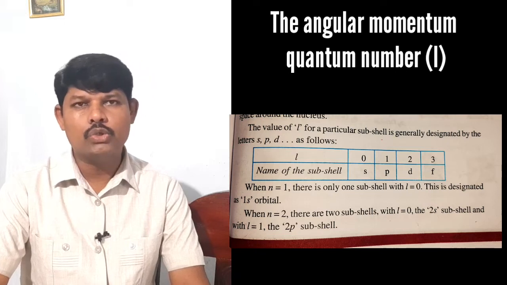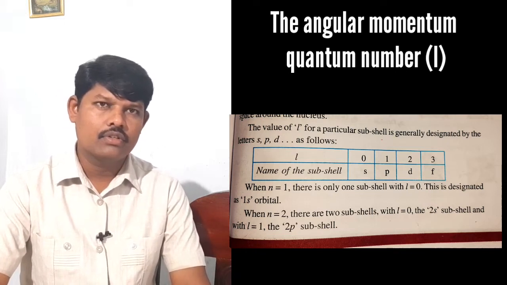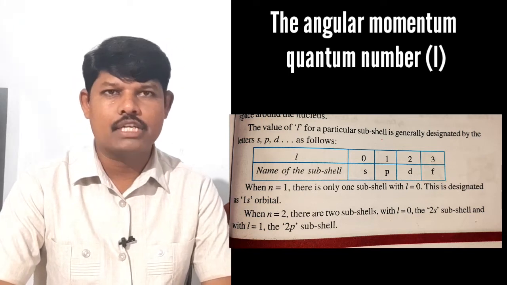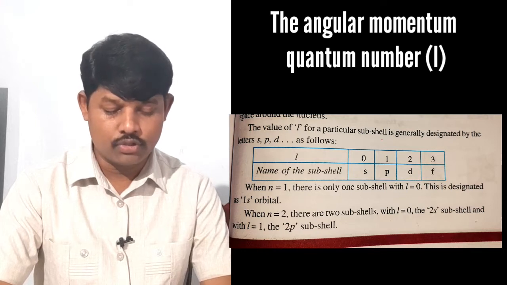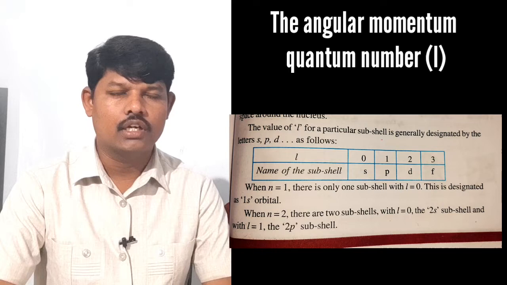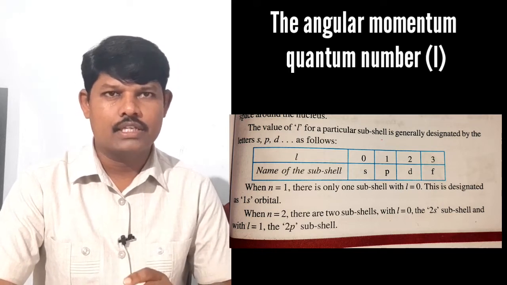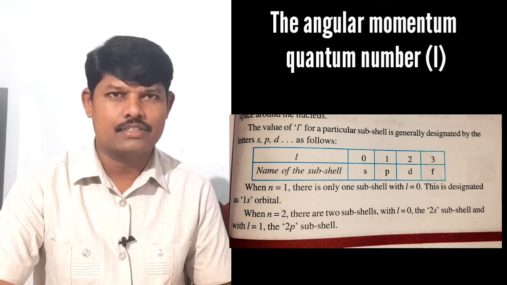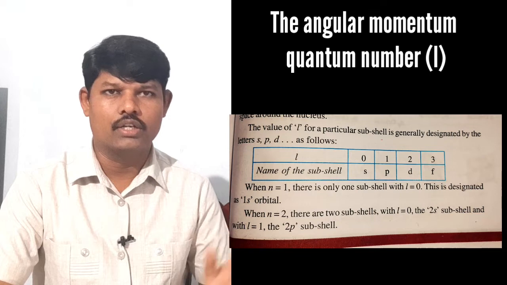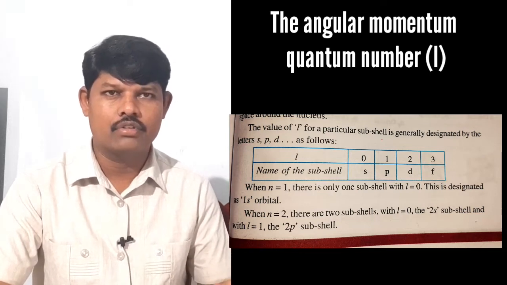If l is equal to 2, the subshell is d. If l is equal to 3, the subshell is f. So 0, s, 1, p, 2, d and 3, f. You have to remember these values. Subshell s, 0. Subshell p, 1. Subshell d, 2. Subshell f, 3.